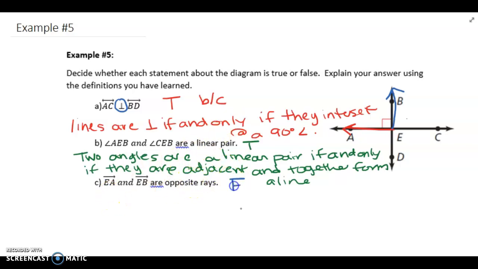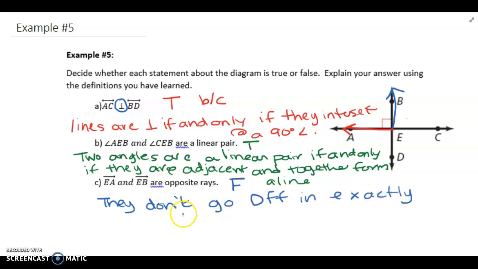That is not a true statement. That is false. The reason it is not true is they don't go off in exactly opposite directions. So that would be a false statement.